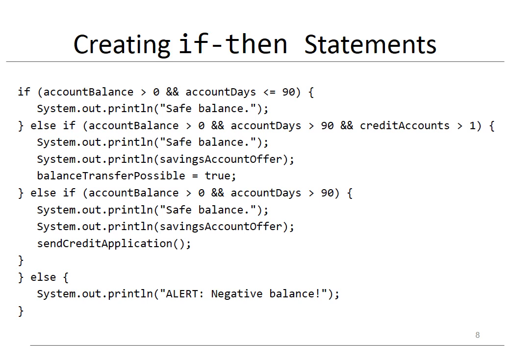This code is perfectly equivalent to the previous code, but you can see duplication of statements such as system.out.println save balance, which is included 3 times, and system.out.println savings account offer, which is included 2 times. Hence, this option will complicate the maintenance of your code, and it is thus recommended to use nested if-then statements instead.